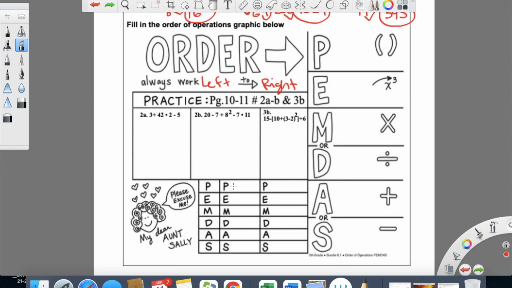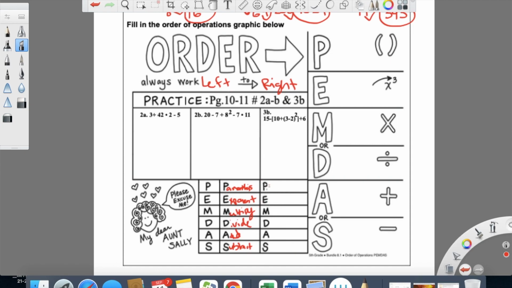So I'm going to go ahead and write parentheses, exponent. Sorry, I'm squeezing it in here. Multiply, divide, add, or subtract. Subtract.